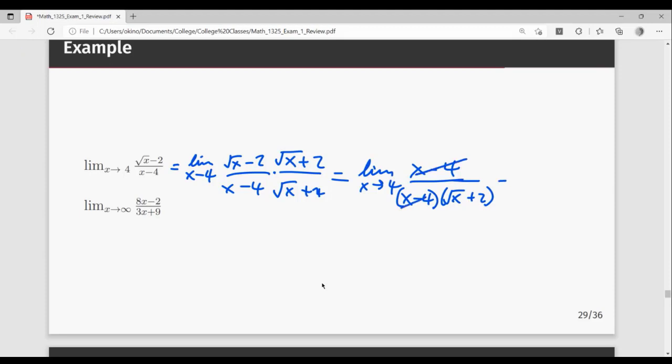These two can cancel. So I have the limit as x approaches 4 of 1 over square root of x plus 2. And if I now plug in that 4 wherever I have x, I just get 1 over square root of 4, which is 2. So 2 plus 2, 1 over 4.